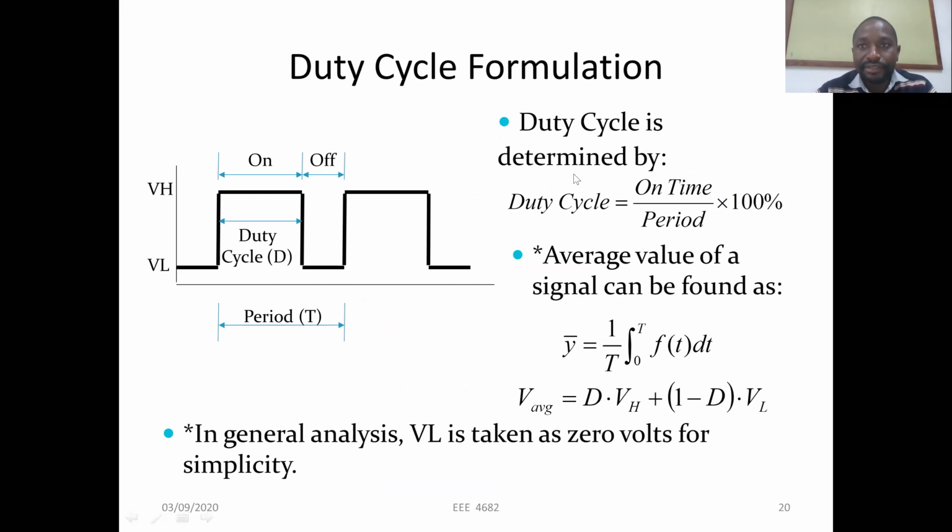Duty cycle in this case will be calculated as the on time, the time the pulse is on, divided by the entire period, multiplied by 100. You can also calculate the average value of the signal voltage, where VL is the lowest voltage, normally taken as 0, and VH is the maximum voltage.